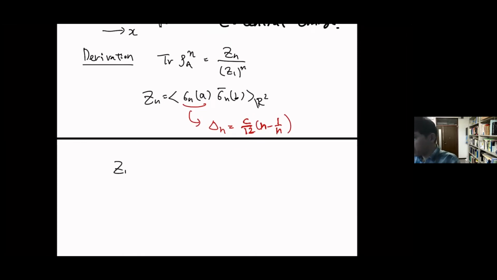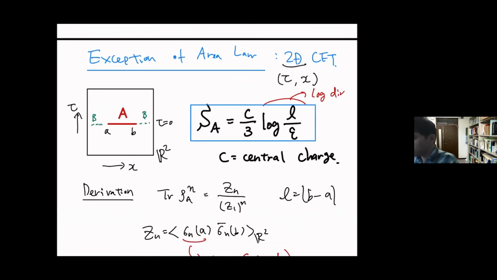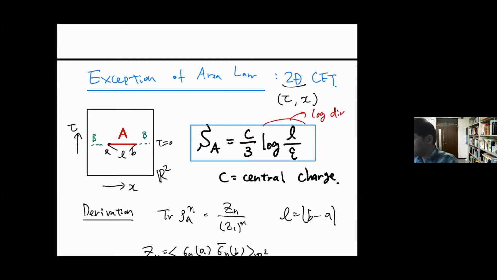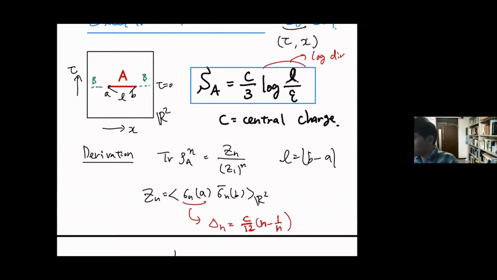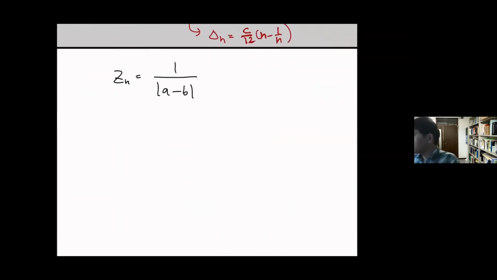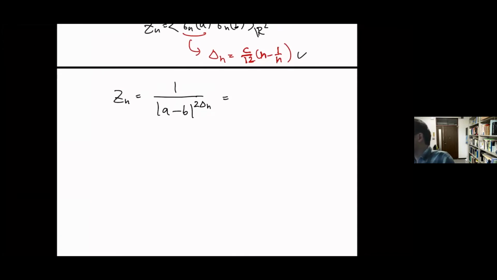Then, because it is a two-point function, of course L, the length, is B minus A. This is L, and it goes as L to the power of minus 2 times delta_n, where delta_n is this conformal dimension. So we can write this as L to the power of minus c over 6 times (n minus 1 over n).